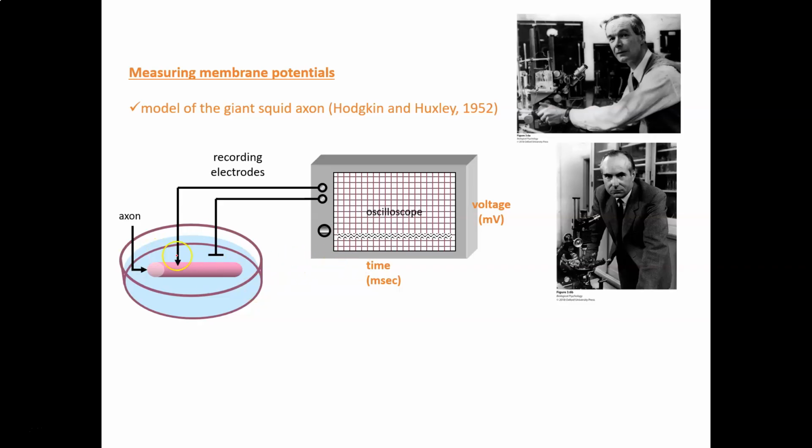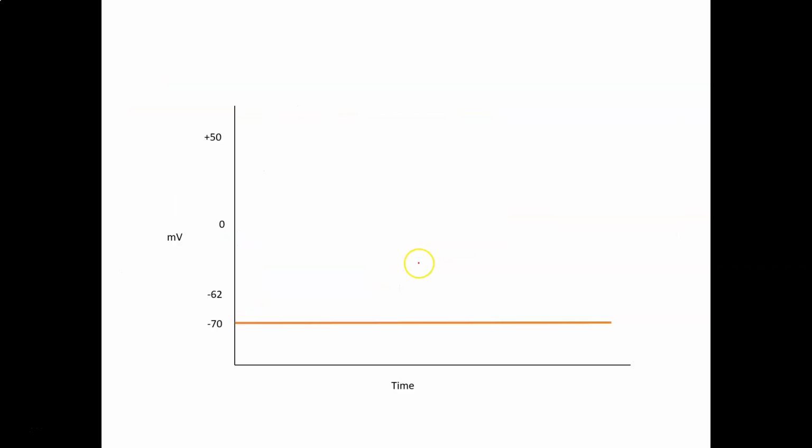When they attached these electrodes and took a look at the oscilloscope, here's what they saw: a flat line over time at roughly -70 millivolts. This is the resting membrane potential, which we've talked about, along with the factors that contribute to it.